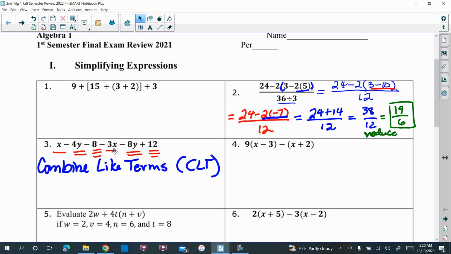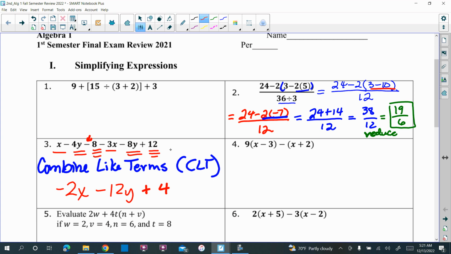So the x's get combined, x minus 3x, and the 4y, negative 4y. Don't forget your signs. Hopefully you should see that this simplifies to negative 2x minus 12y, then it becomes plus 4, because you have to add this negative 8 and that plus 4. So you have some combining like terms.